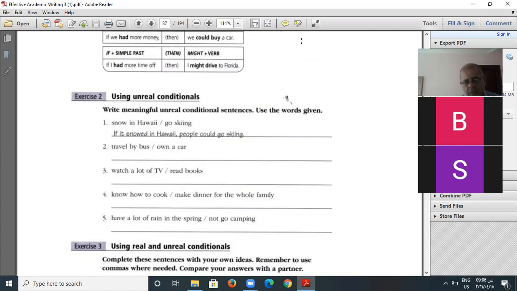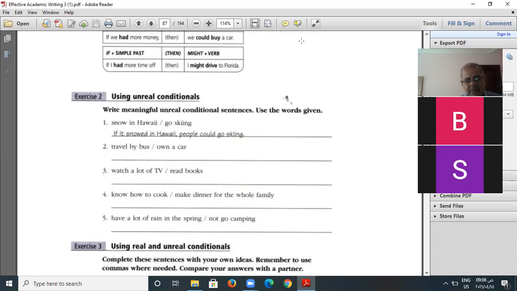If I knew, not know, because this is the second condition. For the first condition we use simple present, if I know. But here we use simple past, because an unreal conditional must have a past. So we say, if I knew how to cook, comma, I could make dinner for the whole family. Or I could make dinner for the whole family if I knew how to cook. Okay? Not know, knew. A real conditional has simple present, not simple past.